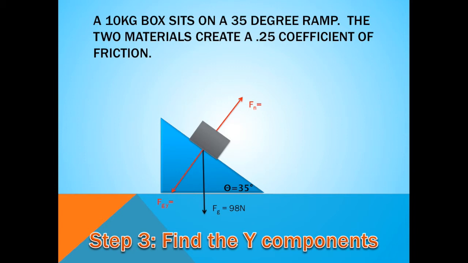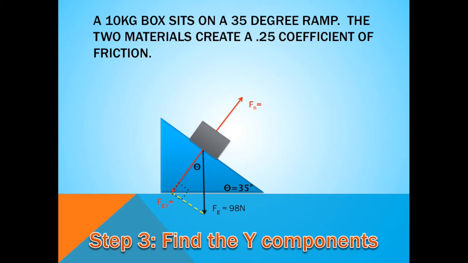If you look between FGY and the force of gravity, you'll see that it creates a right angle. So if that creates a right angle, we can realize that right underneath our object is also theta. It's 35 degrees on the ramp, but it also creates a theta right there, so 35 degrees is sitting in between FGY and FG.